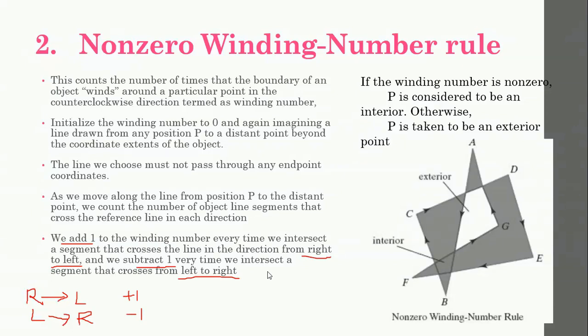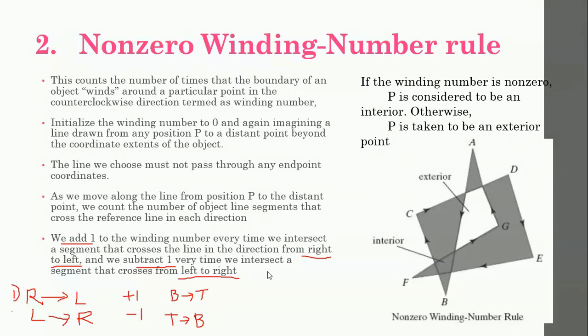Along with this, one more condition: if your line segment is going from bottom to top, then you add 1. If it is going from top to bottom, then you subtract 1. So we have two conditions.